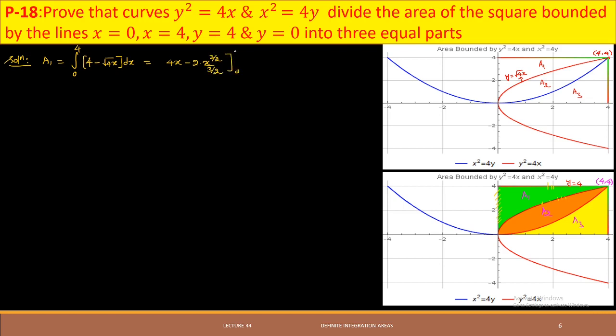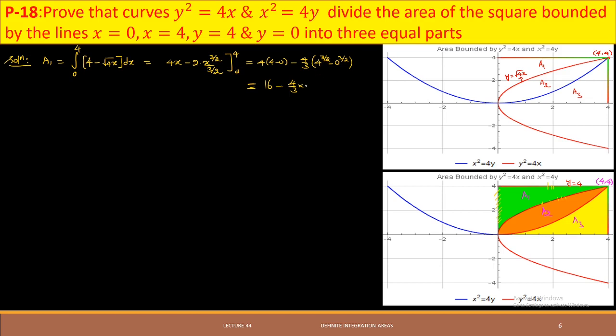So we have to evaluate this in the limits 0 to 4. So this is 4 into 4 minus 0, minus 4 by 3 into 4 to the power 3 by 2 minus 0 to the power 3 by 2.